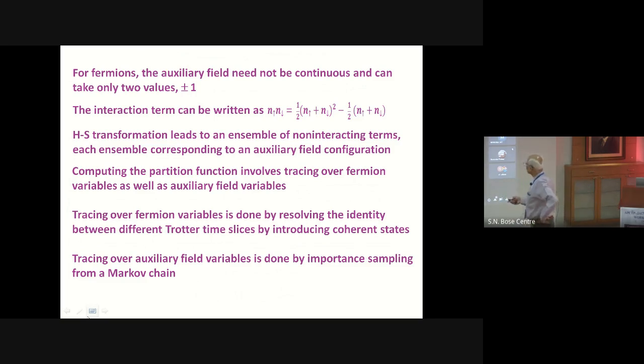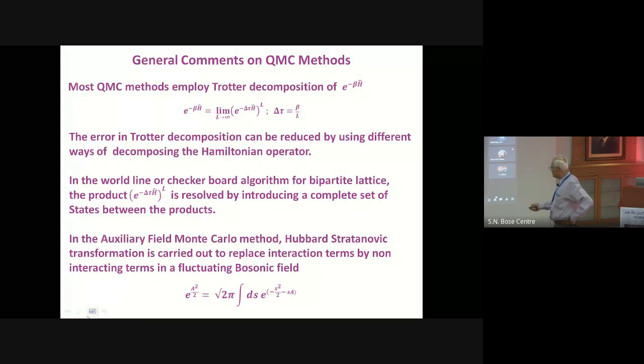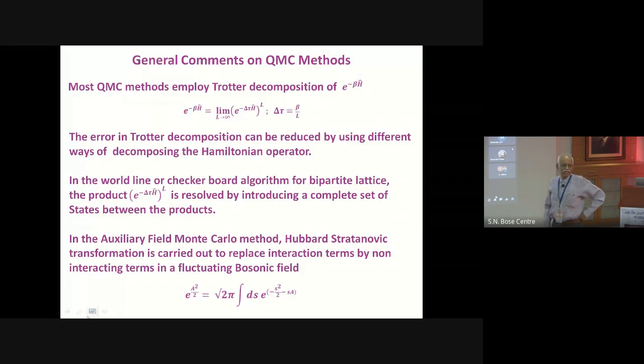And the Hubbard-Stratonovich transformation leads to an ensemble of non-interacting terms, because what you have is a squared here, which is an interacting term. Here a is a number operator, which corresponds to a one-electron term, diagonal in j, and a squared corresponds to two-electron terms.